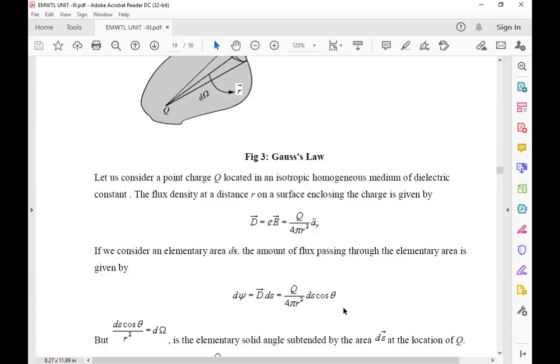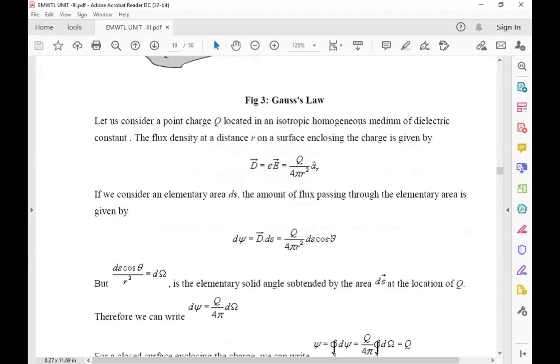You get ds into cos theta, sine theta into cos phi, and sine theta into sine phi. And the last one is cos theta. Actually, it is 0 when we consider the Cartesian and cylindrical coordinate systems.